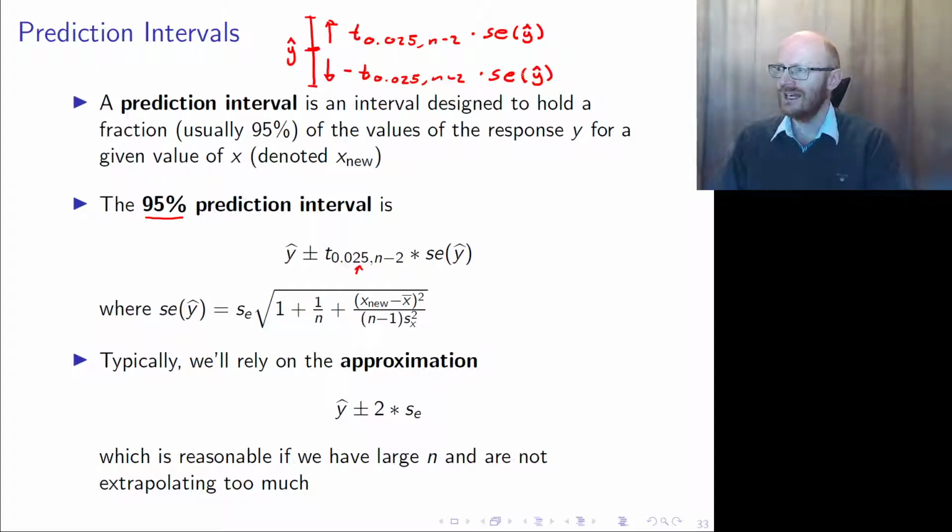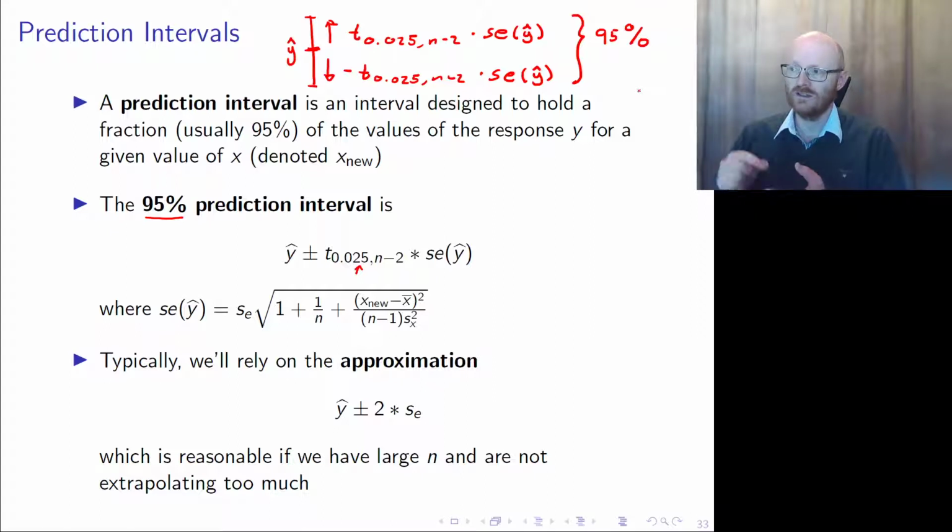So what you do now is that you've created this band which should contain 95% of the observed values, okay?